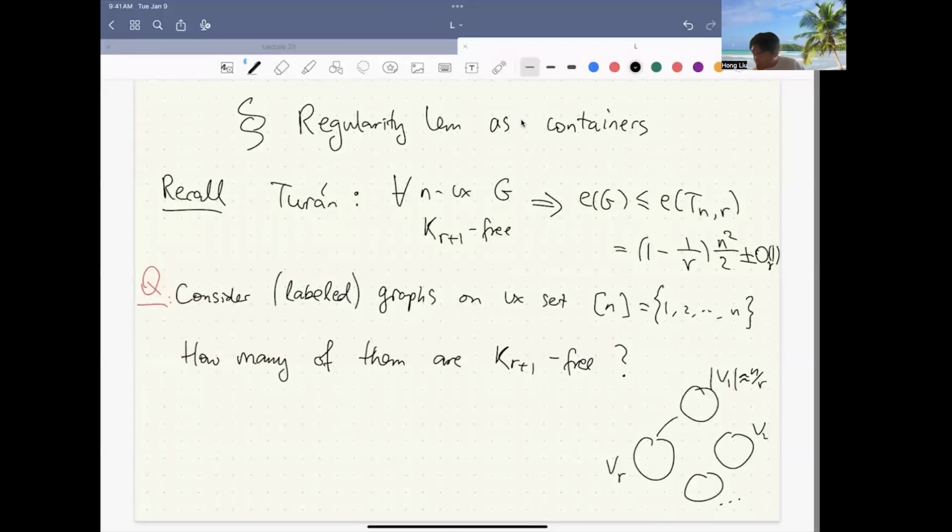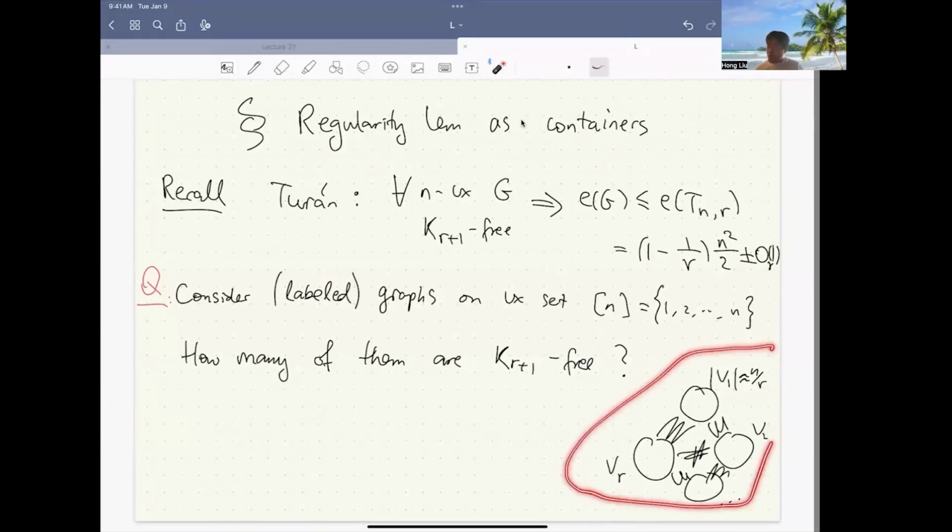You put all edges in between, right? This is your Turán graph. What's the lower bound? You need to come up with a construction of many, many K_{r+1}-free graphs labeled on the set of vertices 1 to n. What's a simple way of doing this?